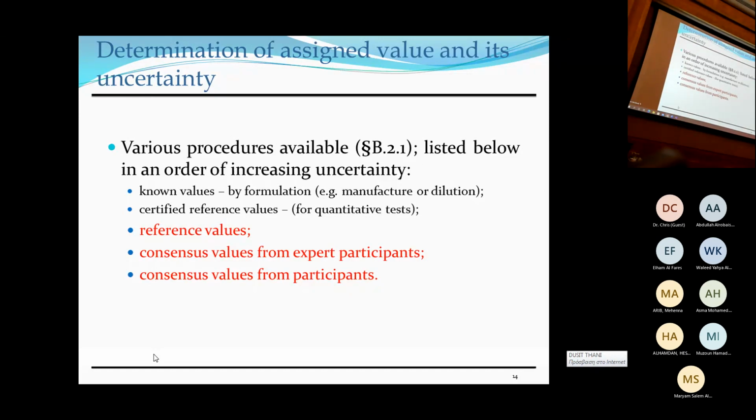The one category that most of us are more accustomed to is the third one, where typically the consensus value is built up from all of the participants. So in many ILCs, the assigned value, if we can call it an assigned value, is built up from some kind of a pooling of the results of all of the participants.